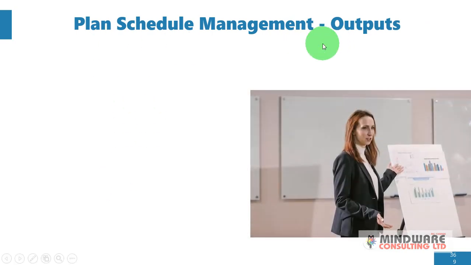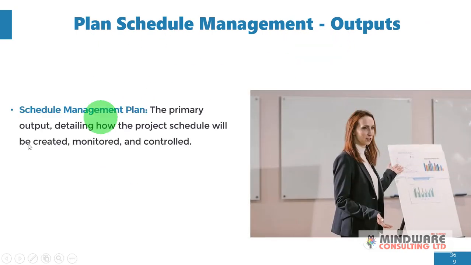So what are the outputs in plan schedule management? You have the schedule management plan. The primary output detailing how the project schedule will be created, monitored, and controlled.